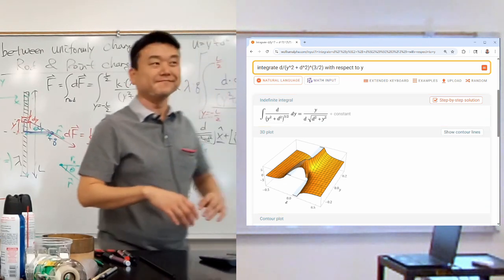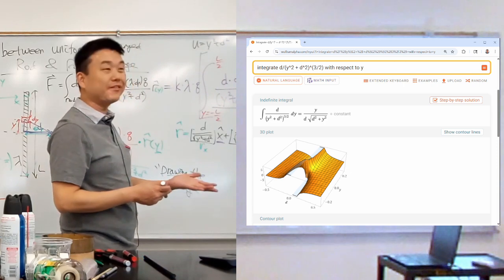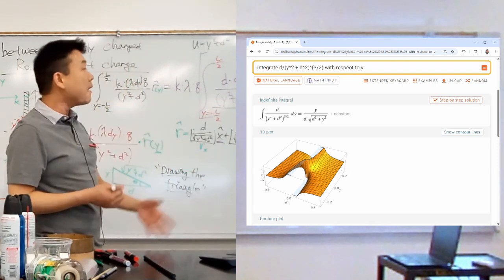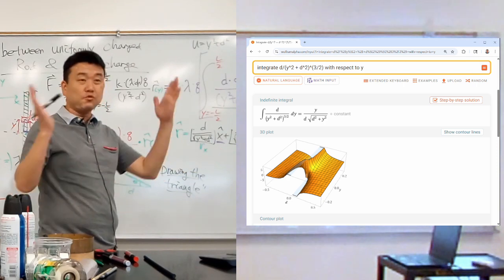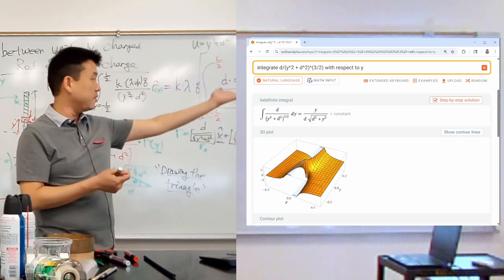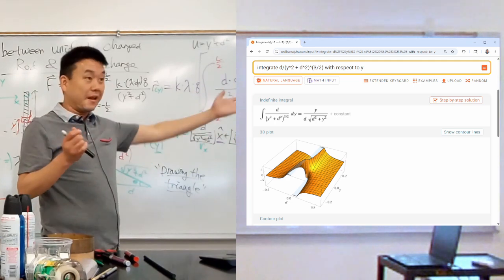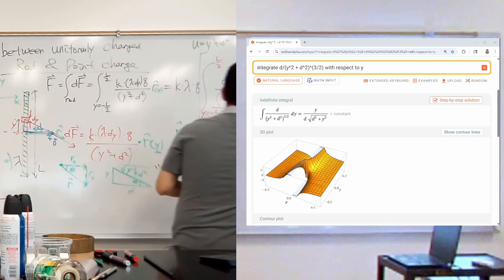Doesn't look all that difficult, but it requires a trig substitution, which is why I'm not actually doing it. I'm just looking it up. By the way, in a calculus class, unless you are in the trig substitution chapter of the book, you would have looked it up in an integral table. That's what I'm essentially doing here, except easier. So this integral comes down to this.